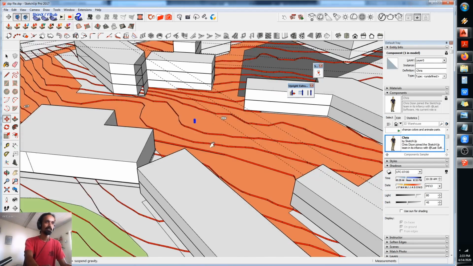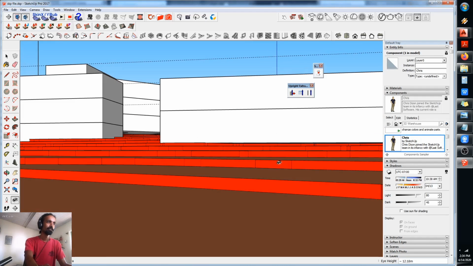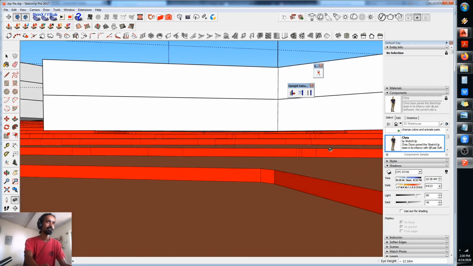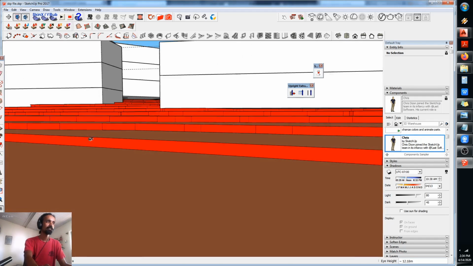And what this now allows me to do, you guys remember the function that I had of placing a person at eye height. So I place the person at eye height, and this is the general scale of the space that I have designed. So this is what I'd have to rationalize now.